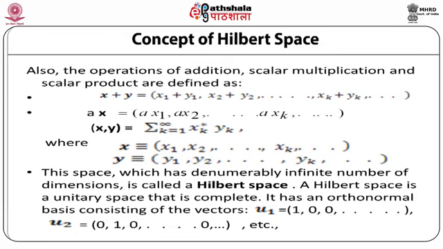That means it satisfies the property of completeness and is unitary. Further, it has an orthonormal basis consisting of the vectors u1, that is vector u1 is equal to 1, 0, 0 and so on. Vector u2 is equal to 0, 1, 0, 0 and so on, and so on. That means we can define vectors u3, u4 and so on.